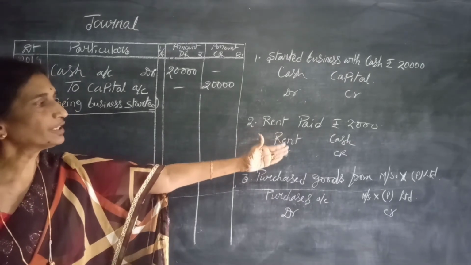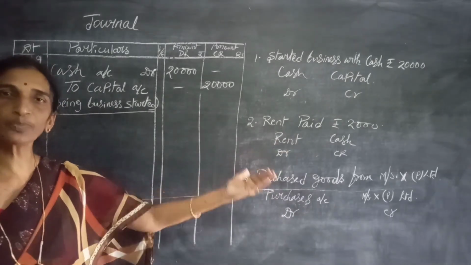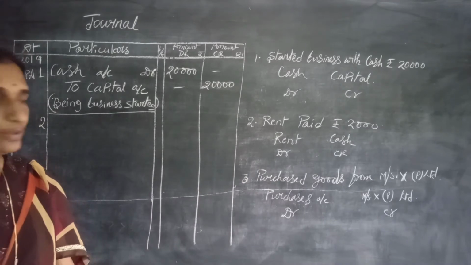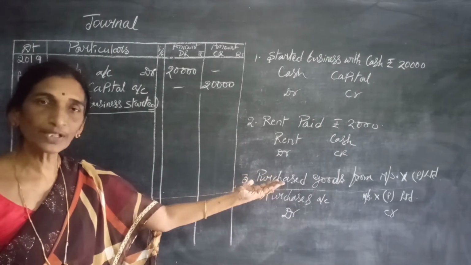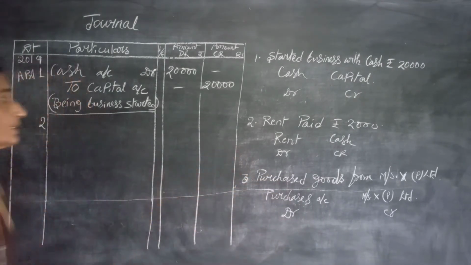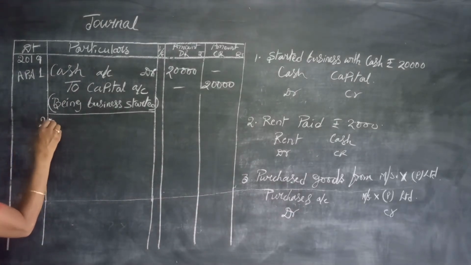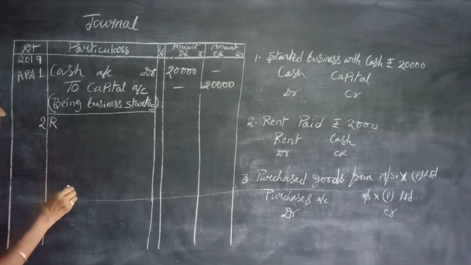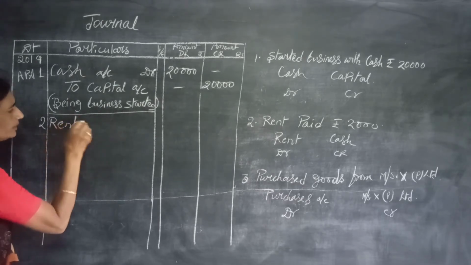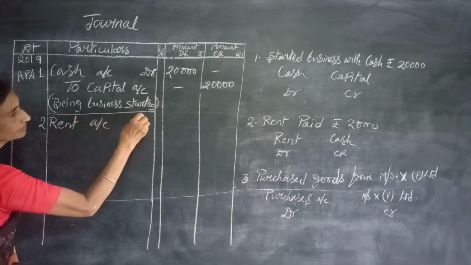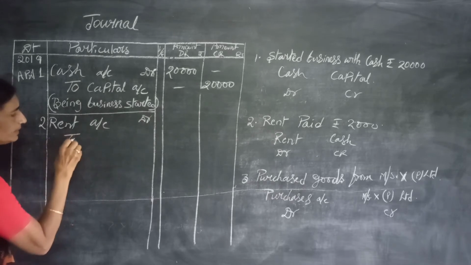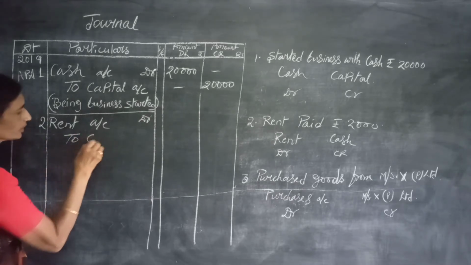By paying cash, the cash position in the firm is being decreased, so cash, decrease of asset, is credited. Now we have to start with the debit account. Rent account debit, leaving space, then to cash account.